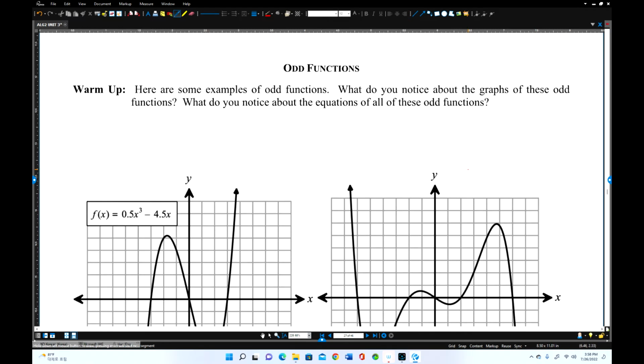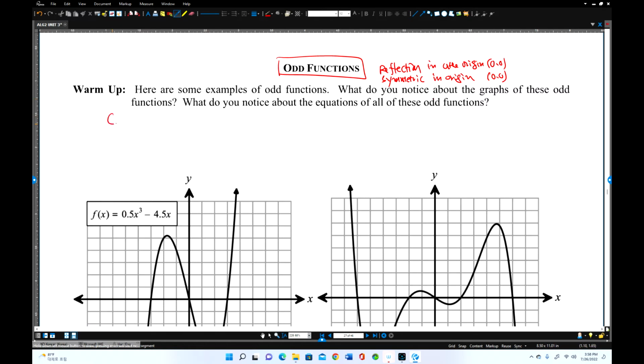Okay, the next one is the odd function. An odd function is about reflection or symmetry in the origin. The reflection is also in the origin. The origin is 0 and 0.